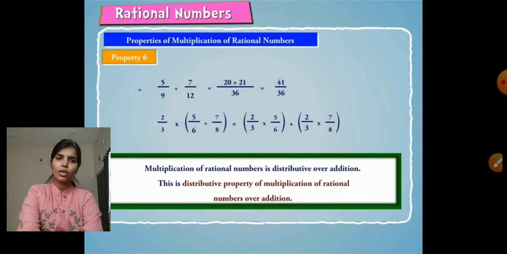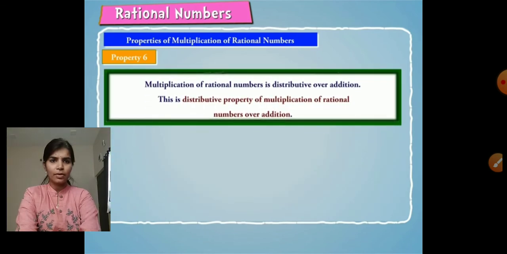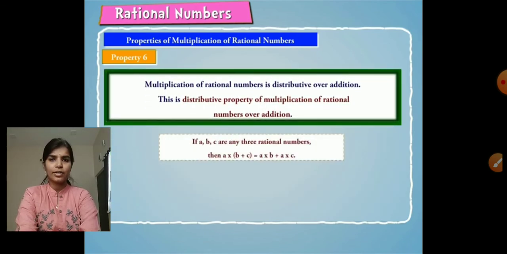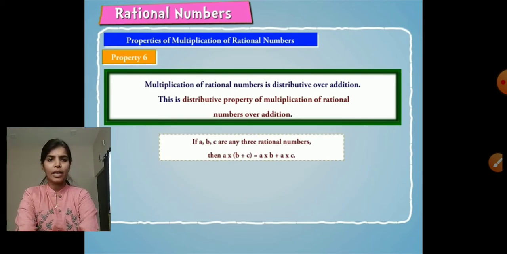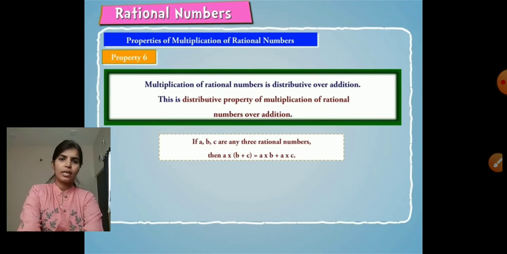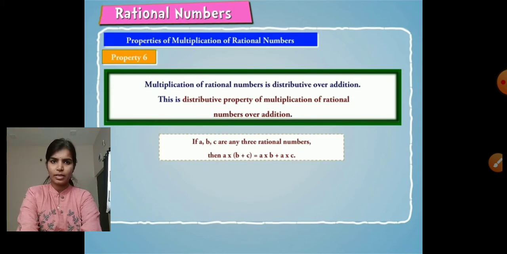So multiplication of rational numbers is distributive over addition. This is a very important property. All the properties we discussed up to now are very essential to solve multiplication. If A, B and C are any three rational numbers, then A into, in bracket, B plus C is equal to A into B plus A into C. This is the distributive property for the multiplication of rational numbers.